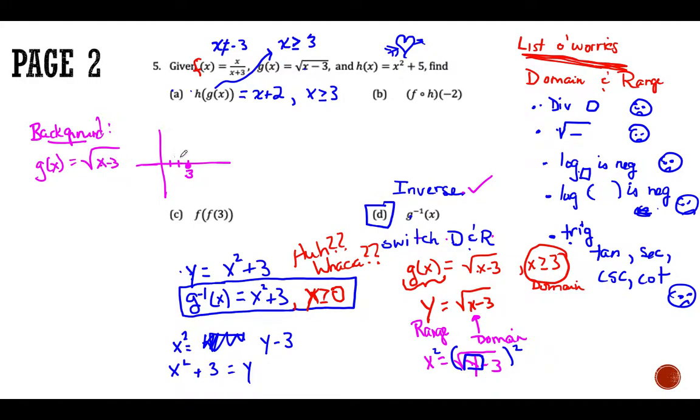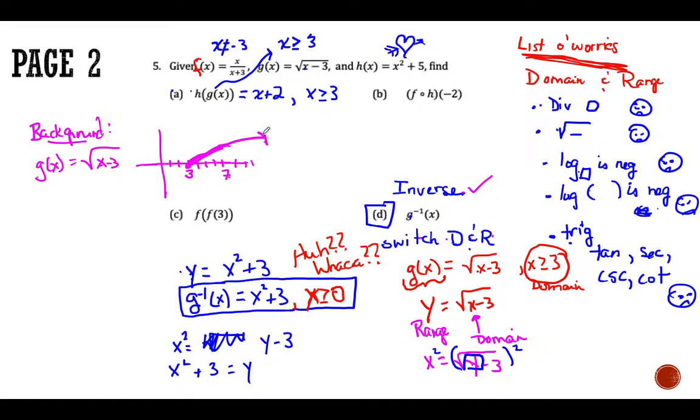When x is 3, y is 0, right? What happens when I put in, let's see, 7, when x is 7? When x is 7, 7 minus 3 is 4, square root of 4 is 2, right? And so on and so forth. So g of x is equal to square root of x minus 3.